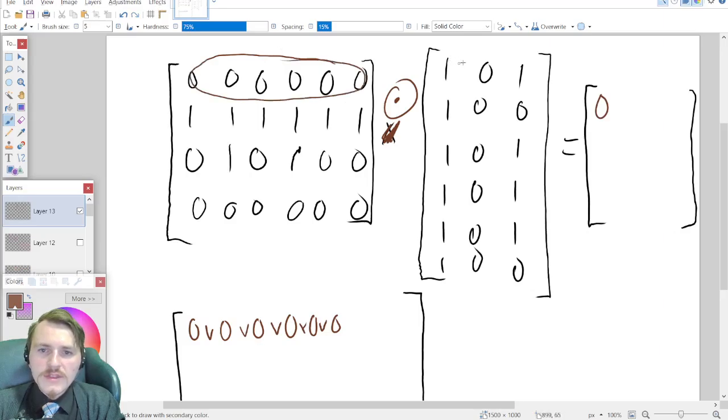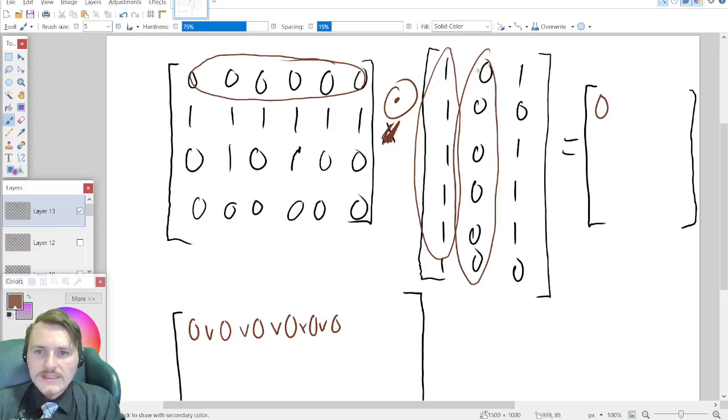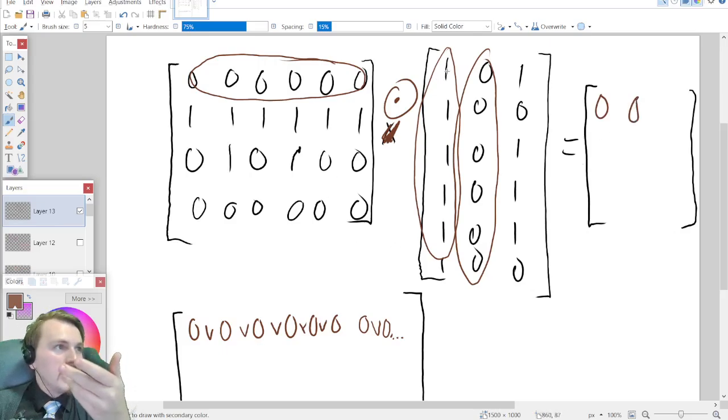Let's try that with the second column now. 0 or 0 and 0 is 0, or 0 and 0 is 0, and so on and so forth. You can see the pattern. It's going to end up being 0. So if it was 0 for the column of all ones, and it's still 0 for the column of all zeros, does it matter?